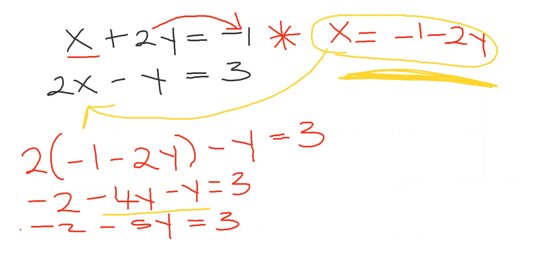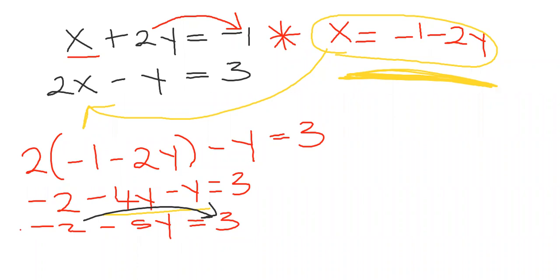Then solve that little equation. To solve it, take the -2 to the other side of the equal sign, or collect like terms, because negative 2 and 3 are like terms.